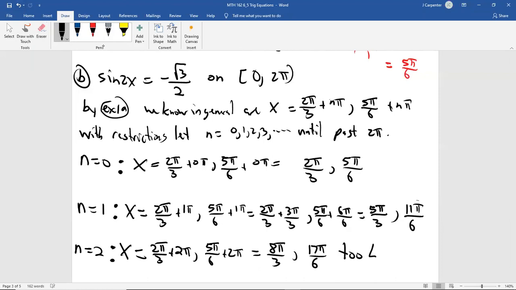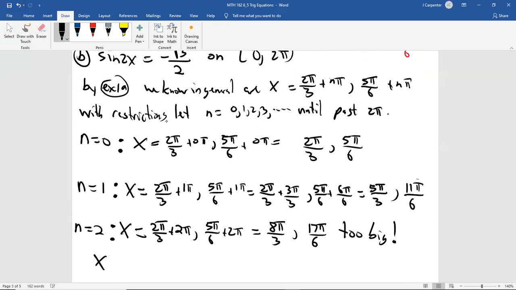These are both too big. So that means we only get 4 solutions. We get x equals 2 pi over 3, 5 pi over 6, 5 pi over 3, and 11 pi over 6.